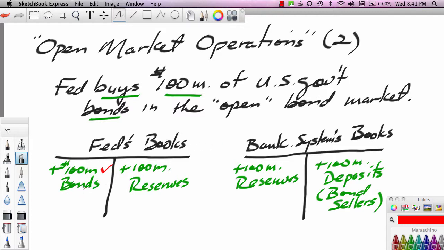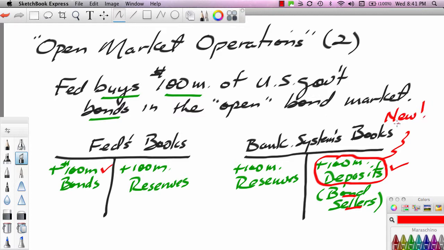That purchase ends up creating a deposit in the banking system. So the bond sellers are going to receive $100 million in deposits. Now, the interesting thing is this deposit does not cause an offsetting withdrawal in the banking system. So in essence, this is newly created money.